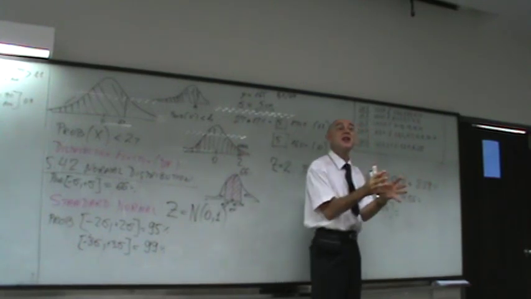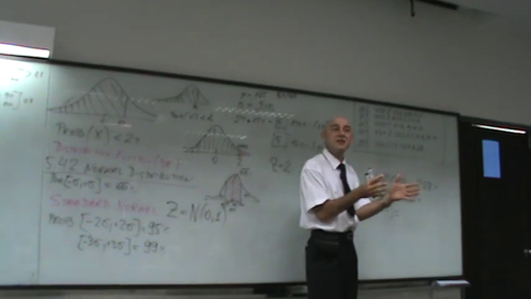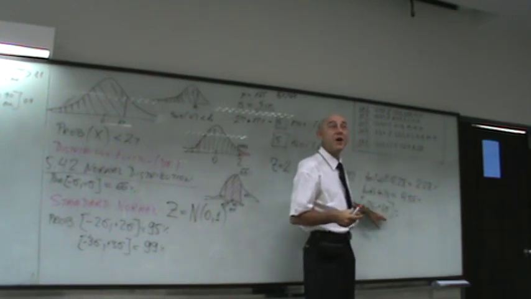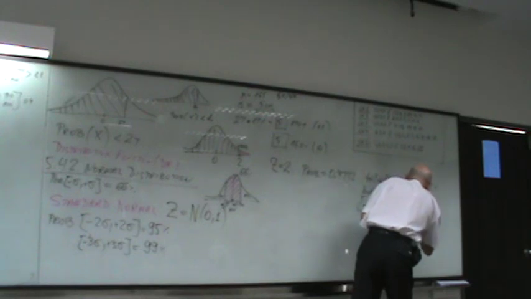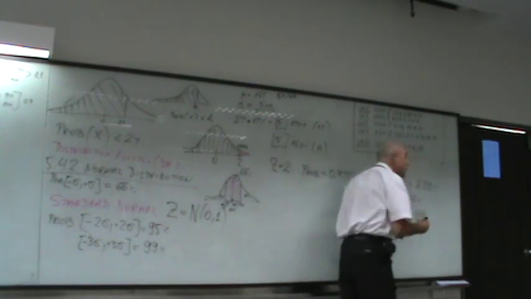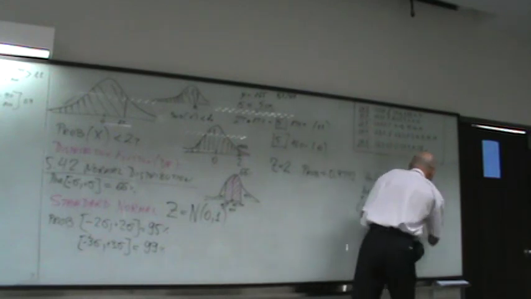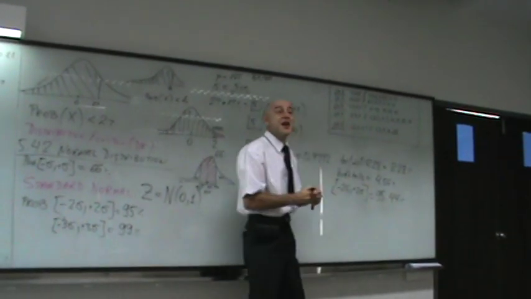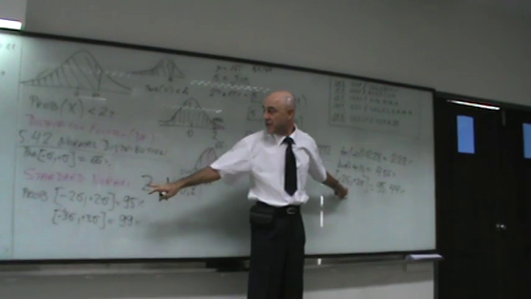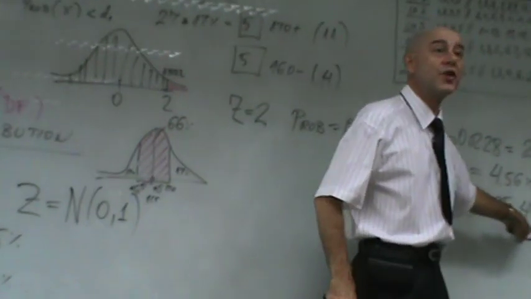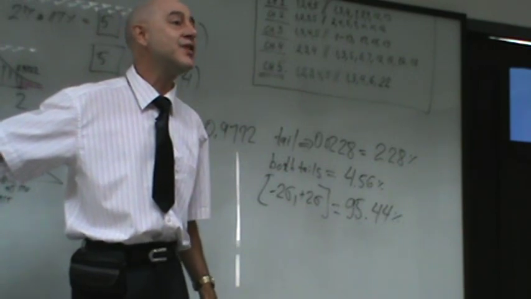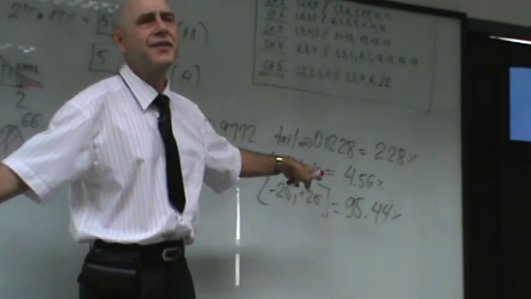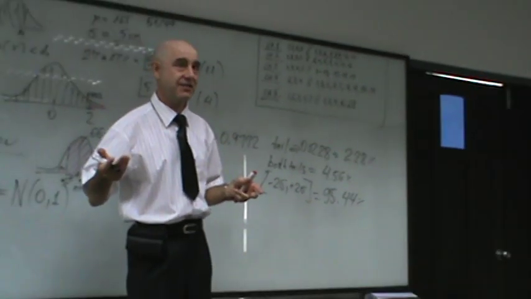What's the probability to be between them? 95.44%. So the exact number for plus or minus 2 sigma is 95.44, which we conveniently round to 95% for easy thinking.